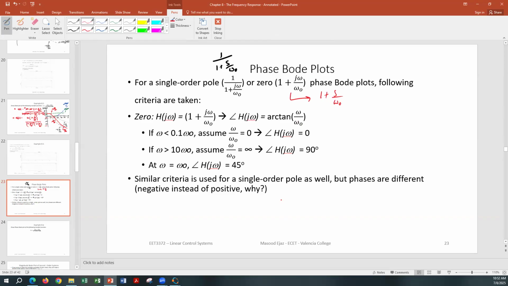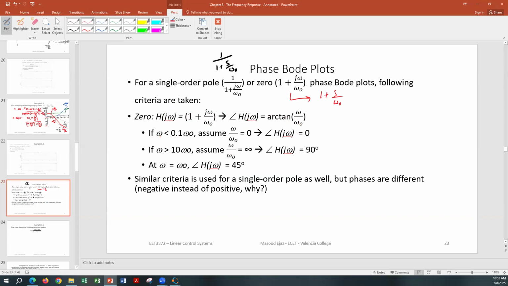So you're going to have either a pole or a 0. If you have a 0, that is, your transfer function is of type 1 plus j omega over omega naught. The phase response of this, as we know, is arctan of imaginary over real. So arctan of omega over omega naught.